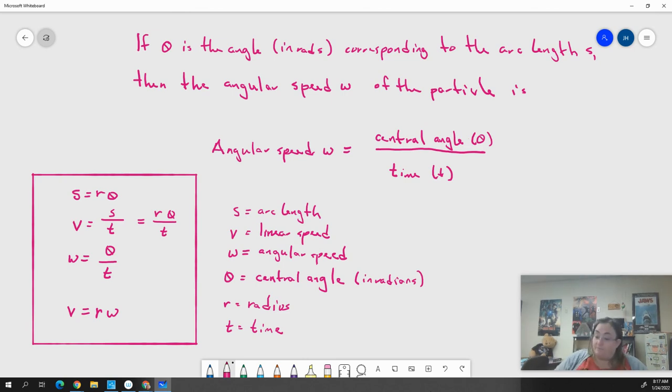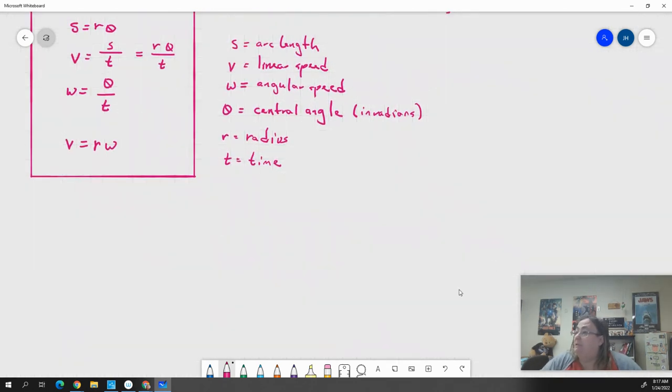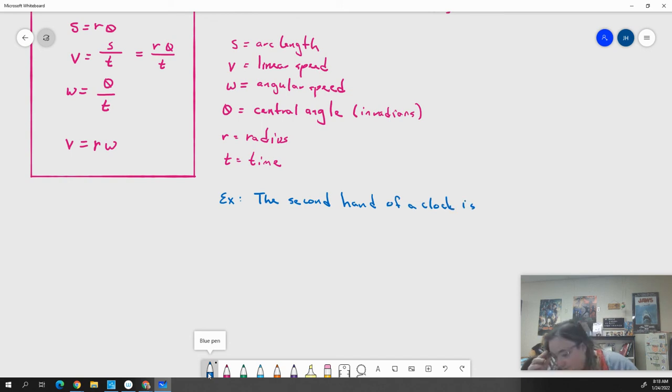So if I have a word problem, which I absolutely do, such as, let's see, example: the second hand of a clock. I like clock problems with this because it's where it's going to seem most familiar. The second hand of a clock is 10.2 centimeters.